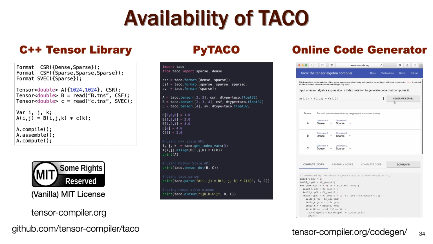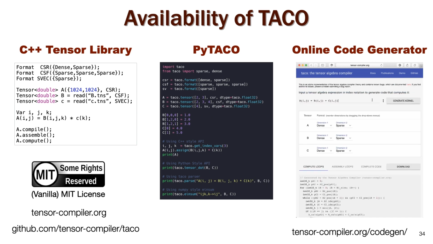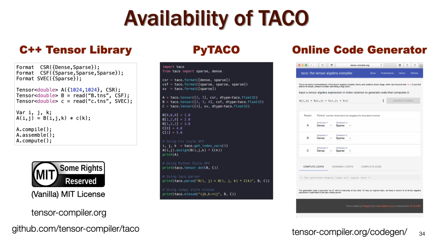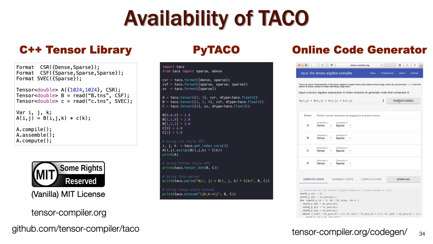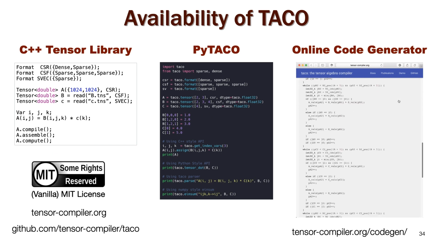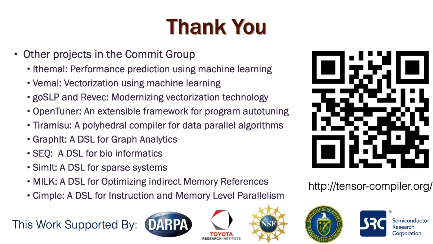The nice thing about that is this has the least number of dependencies to your code base, because you have one very exact piece of C++ code that you cut and paste and use. And we are finding that this is the most popular way of using Taco today.